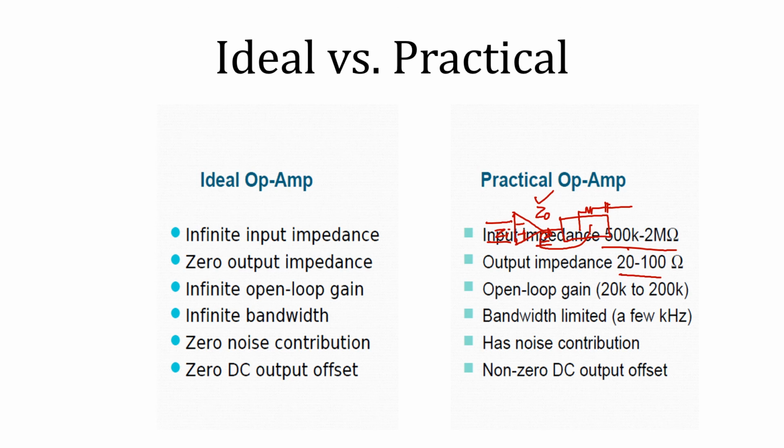Infinite open loop gain: we can increase the gain up to 2 times 10 raised to power 5 or 6. Bandwidth is limited. Here it is mentioned a few kilohertz, but these days we have operational amplifiers whose bandwidth is in megahertz. Noise contribution is there, and the last one is we cannot make its offset zero. So practically all the characteristics are not possible, but we always try to design circuits where we can move towards ideal characteristics.